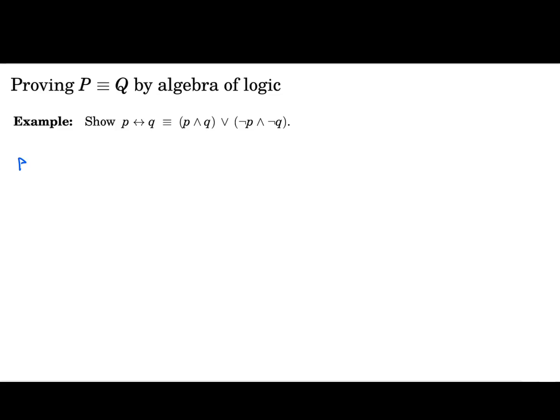So P if and only if Q. And the idea here is that by the biconditional law, we can rewrite a biconditional as two implications. So P if and only if Q is equivalent to P implies Q and Q implies P.